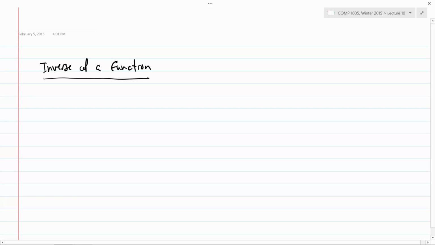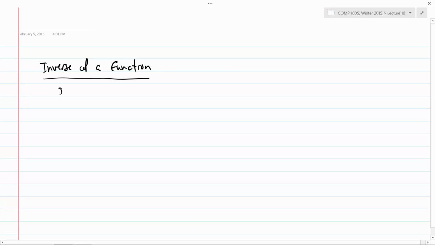So that's a subtle difference that we'll get into later. The inverse of a function is the function that undoes what the original function did, if that's how you want to think of it. And that only makes sense if the function is a bijection, if it's bijective.